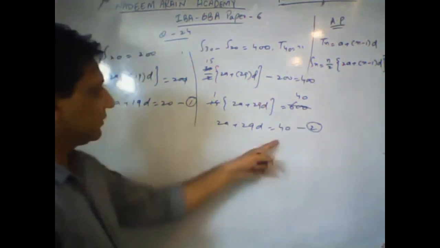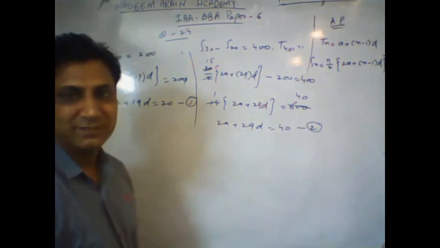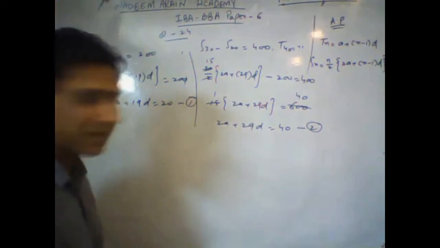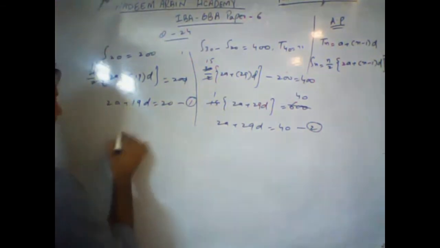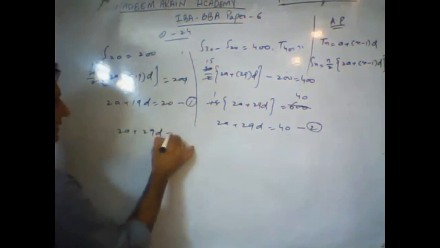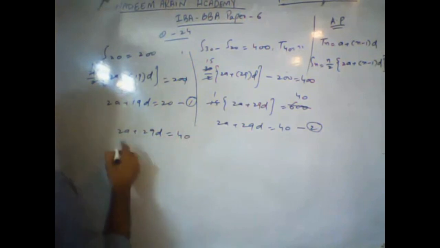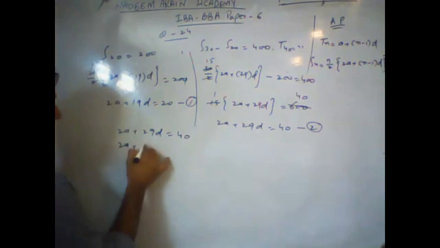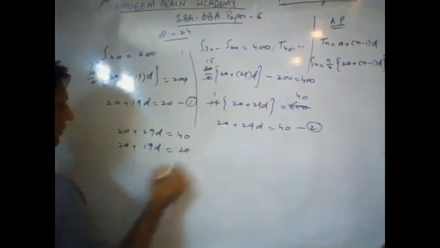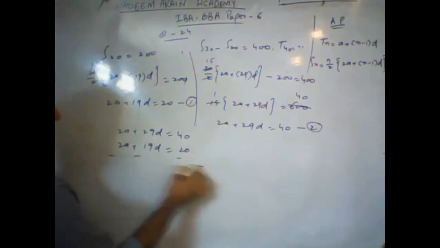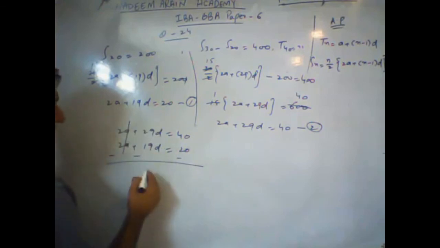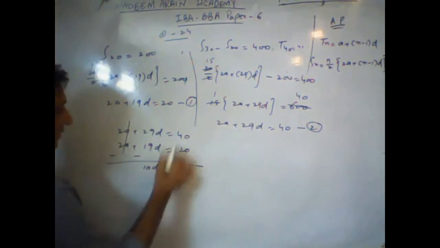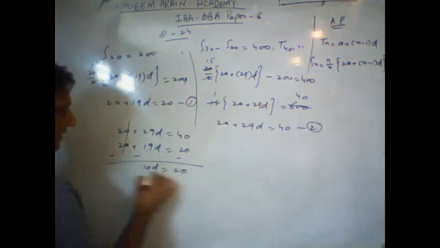We have got these two equations. Better we solve them simultaneously with the elimination method. So 2a plus 29d is equal to 40 and 2a plus 19d is equal to 20. Better subtract them. That is 29 minus 19, 10d is equal to 40 minus 20, 20.